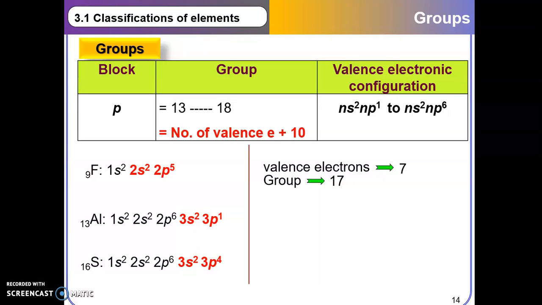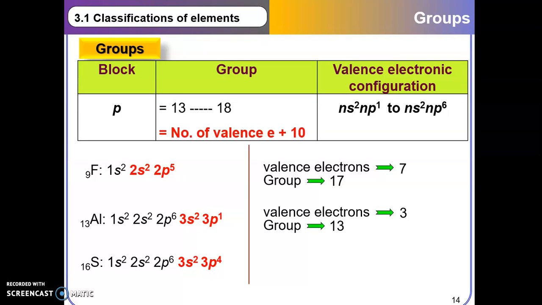The valence shell here is shell 3, so 3s and 3p. From there, we know that the total number of valence electrons for aluminium is 3. So the group number will be 3 plus 10, which is 13.